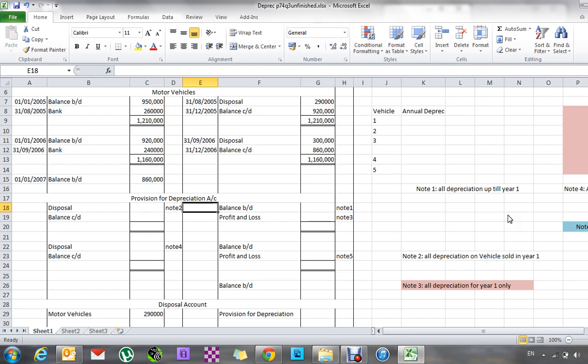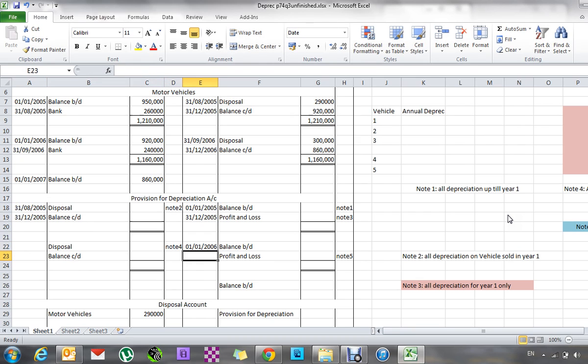Provision for depreciation. I just put in my dates first. 1st of the 1st 05. The depreciation expense is going to be 31st of 12th 05. The disposal, that one I got rid of on the 31st of the 8th 05. And then the balance CD is going to be 31st of the 12th 05. And that will be my balance BD, which is going to be the 1st of the 1st 06.